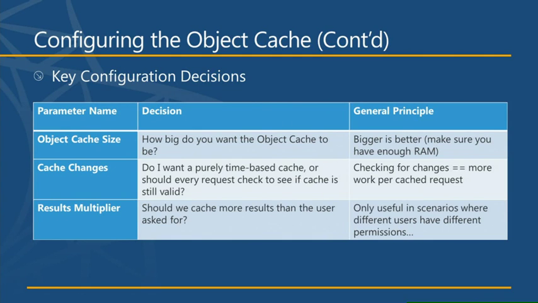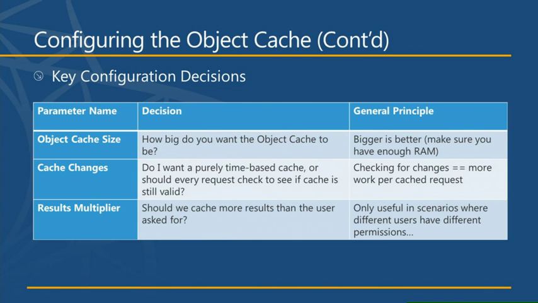And then in terms of thinking how we configure the changes to the cache, do we want this to be purely time-based? So keep everything in the cache for 24 hours, or should each request check to see if the cache is still valid? And again, this is very much something that we can't really make a broad recommendation on. It very much depends on the content. If your content doesn't change frequently, then a time-based cache is appropriate.